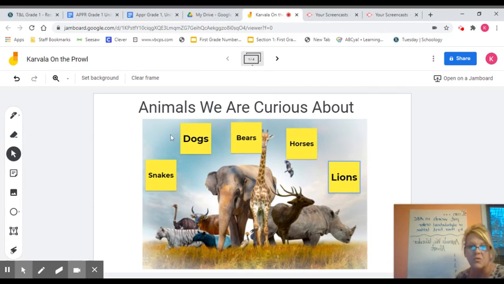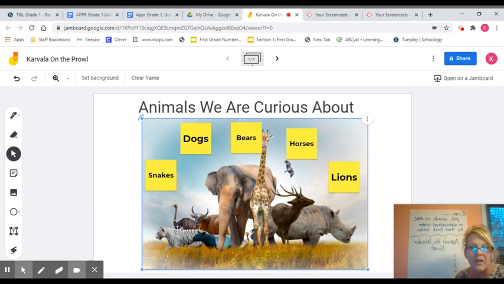Which letter comes first? Well, A comes first in the alphabet, but I don't have any words that start with A. So we'll go to the next letter. Do we have any words that start with B? Anybody see a B? I see a B, and that word is bears. So I know that bears is going to go first in my list because it starts with a B.